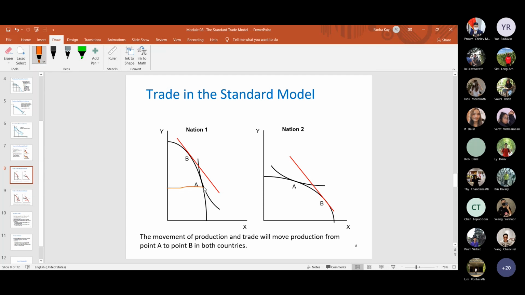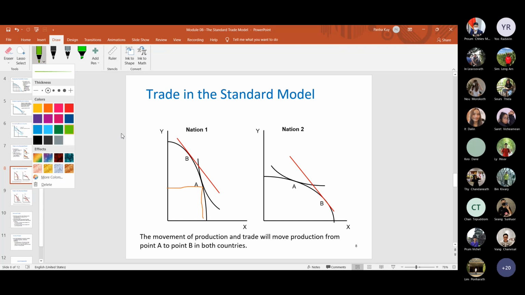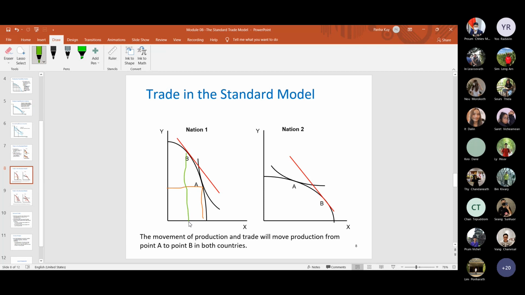And then they change, because both nations can produce wherever along the curved production possibility frontier, because these are the effective, efficient points. So they will shift their production here to this one, okay? Similar thing for nation 2: they will change to B2, come to here, and in autarky they produce at this point.